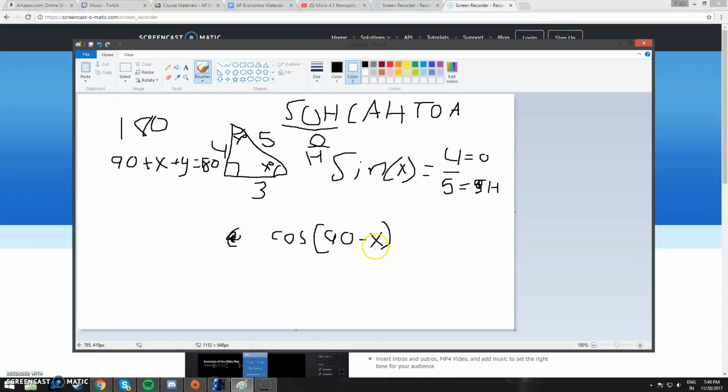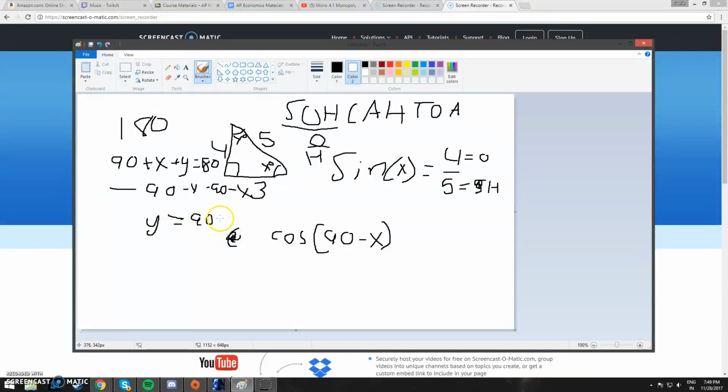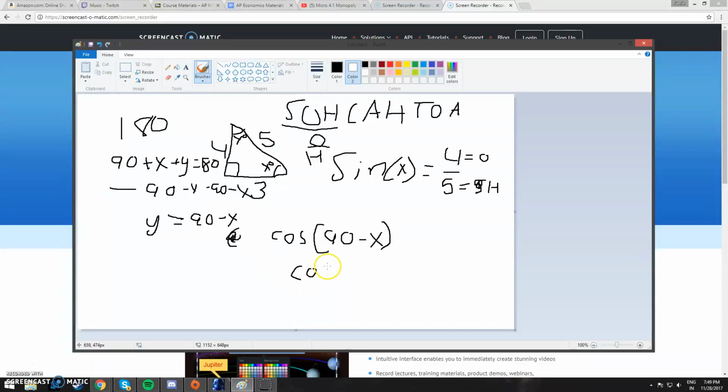So, if it is asking for 90 minus x, if we subtract 90 and x on both sides, we get y is equal to 90 minus x. So really, although they're saying 90 minus x, what they really want is the cosine of y.